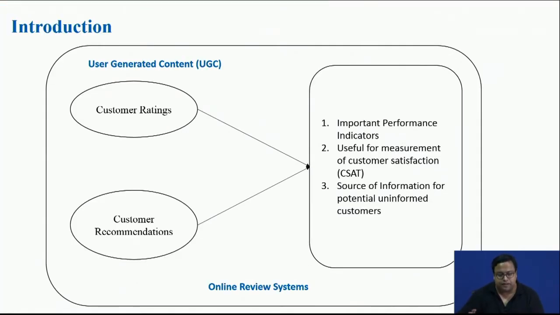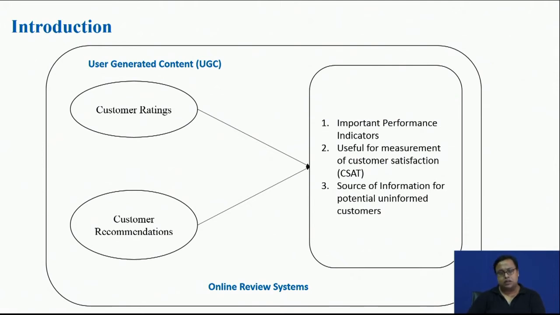So, consumer ratings is quantitative, consumer recommendations are also quantitative, and these are the two information which we actually play, and they are important because they are important performance indicators. They are useful for measurement of customer satisfaction, and they are source of information for potential uninformed customers.